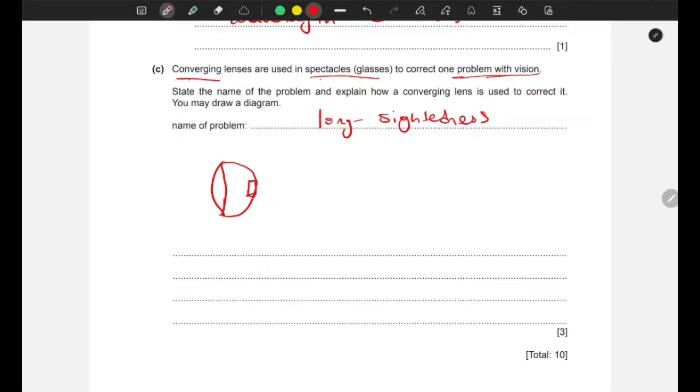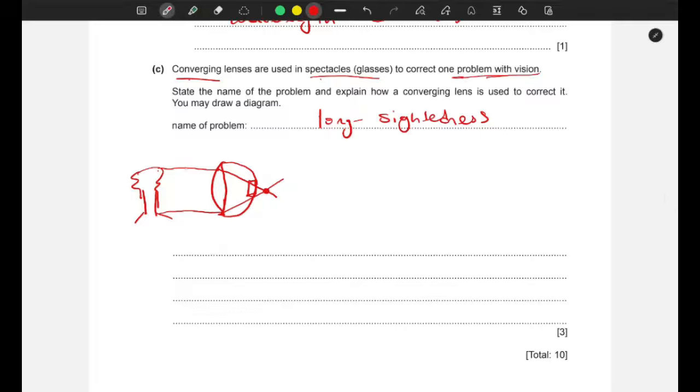So we can see because the image of something, let's say, I'm very bad at drawing, but this is supposed to be a tree, passes through the lens of our eye and lands on the retina. But because the person has long-sightedness, if the object is too close, wait, let me redraw that. If the object is too close, the image would form behind the retina, so the person will have some kind of blurry vision.